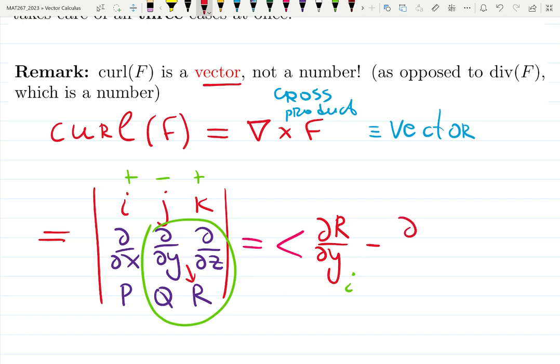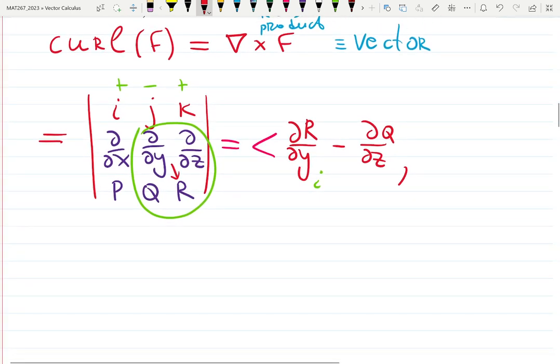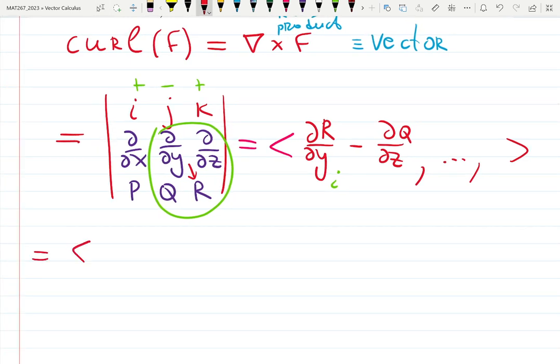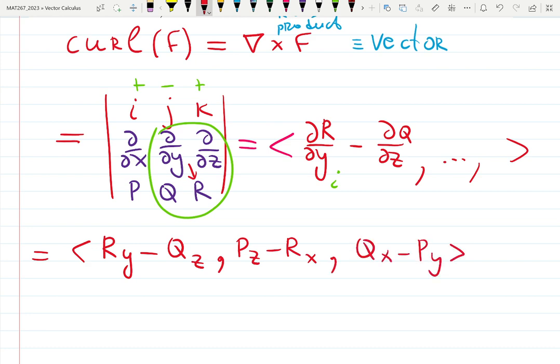Minus partial derivative with respect to z times Q. And it's not times, it's of Q. That's a little bit too long to write. So people actually have this nice short notation. Short notation is R with respect to y minus Q with respect to z, comma, P with respect to z minus R with respect to x, comma, Q with respect to x minus P with respect to y.